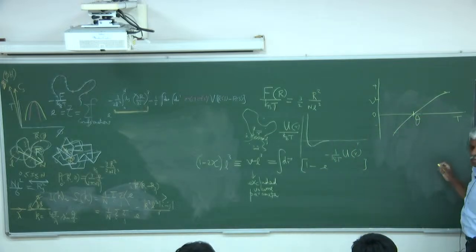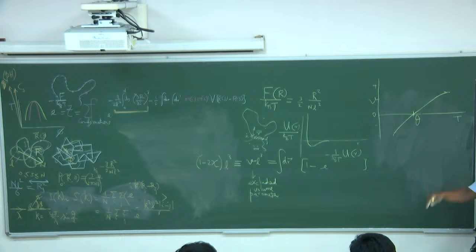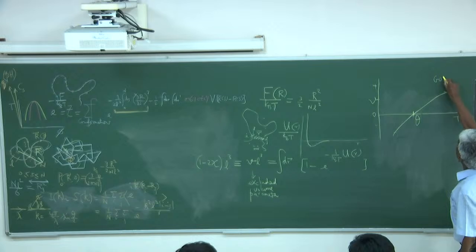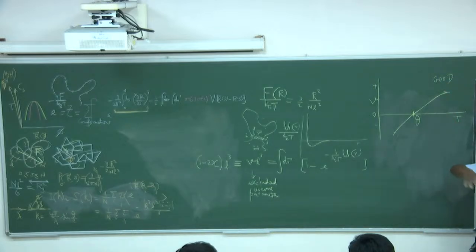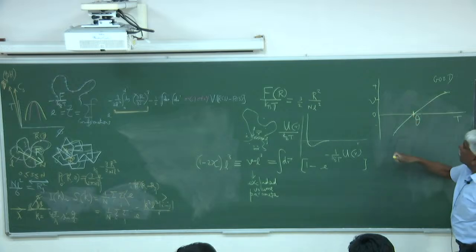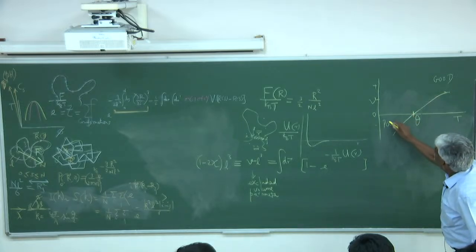Somehow I have to bring this into my Hamiltonian. How do I do this? This is for a pair of monomers interacting. The way people do it, just like in liquid state statistical mechanics, is the following.